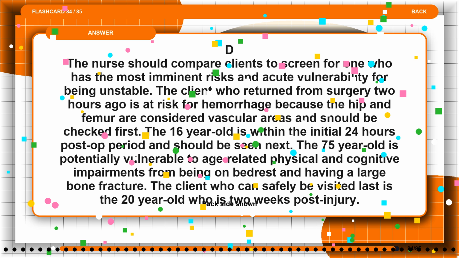The 16-year-old is within the initial 24 hours post-op period and should be seen next. The 75-year-old is potentially vulnerable to age-related physical and cognitive impairments from being on bed rest and having a large bone fracture. The client who can safely be visited last is the 20-year-old who is 2 weeks post-injury.